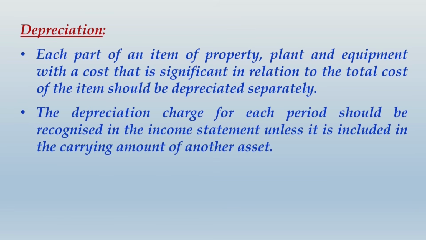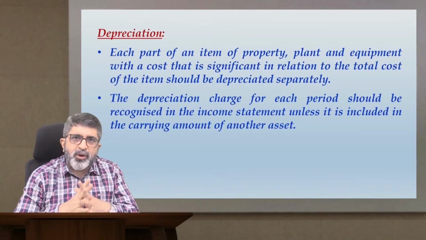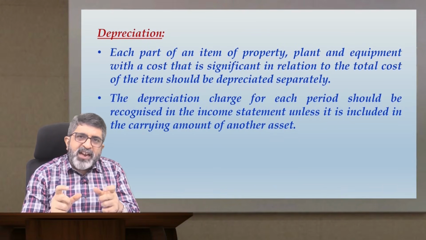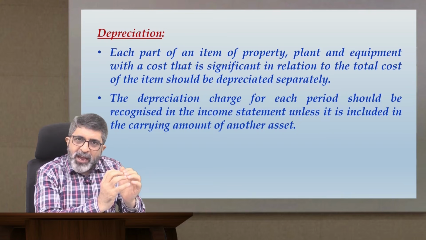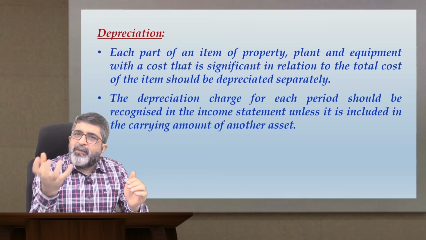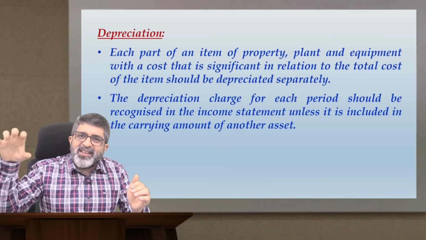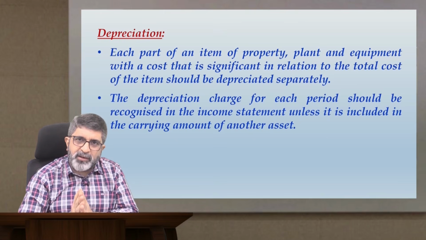The depreciation charge for each period should be recognized in the income statement unless it is included in the carrying amount of another asset. Now let me explain this second pointer to you, which is very, very important. See, on one side you are reducing the value of your asset by charging depreciation, and the depreciation charge, what will you do with that second effect of the depreciation charge? It will be recognized as an expense in your income statement.